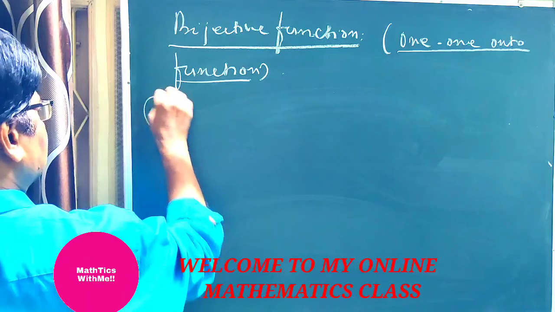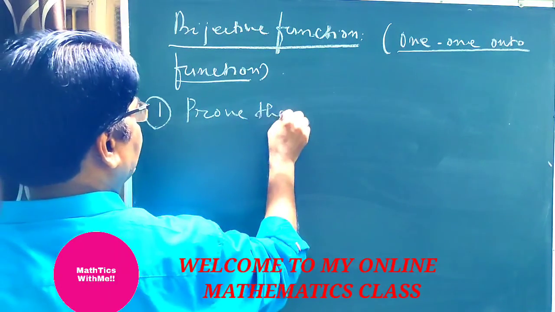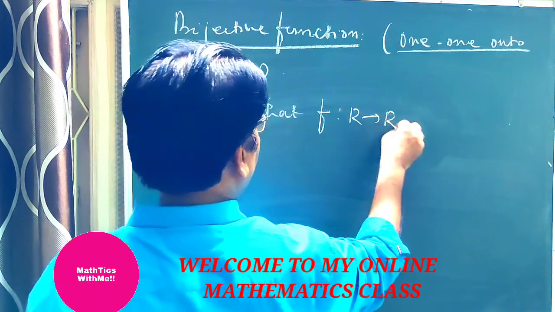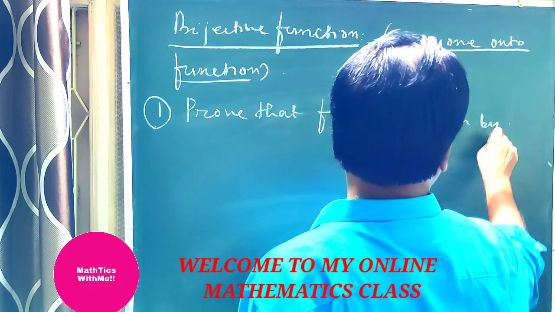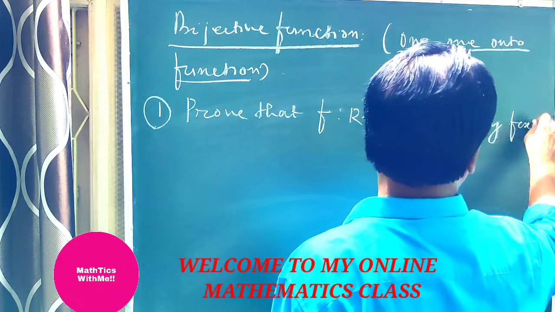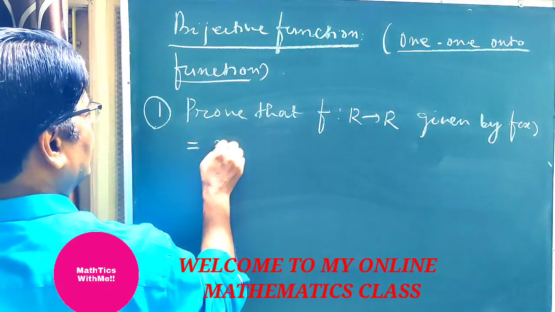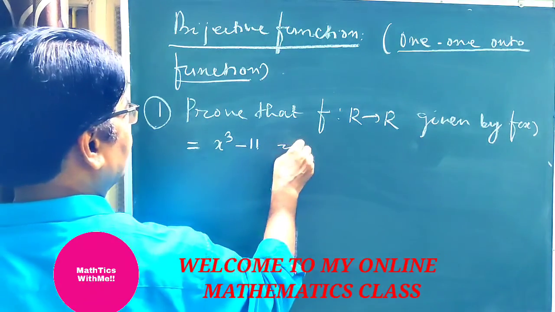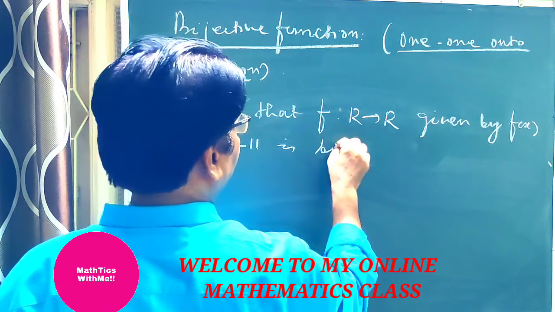Our first problem is: prove that if f maps R to R given by f(x) is equal to x cube minus 11 is bijective.